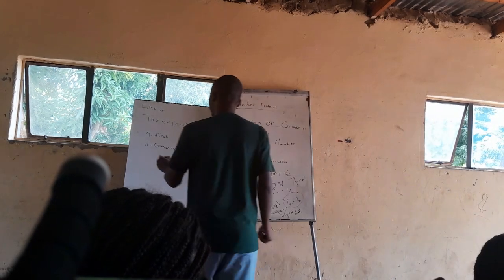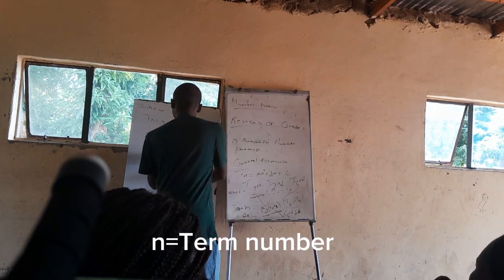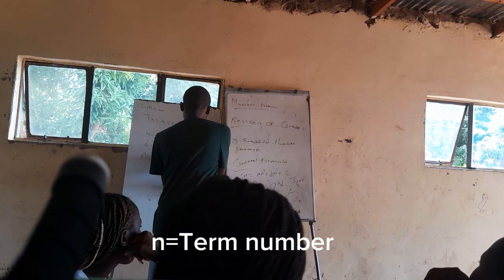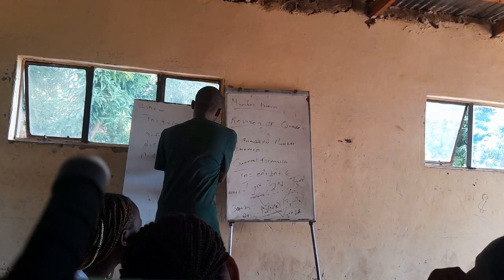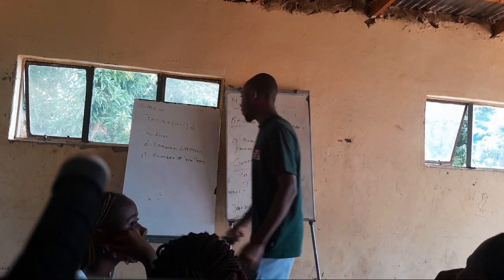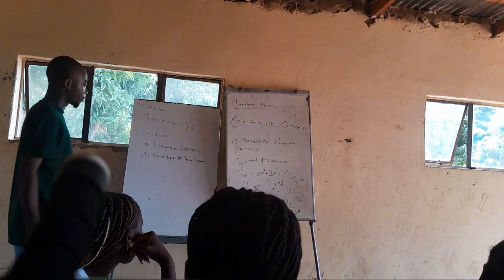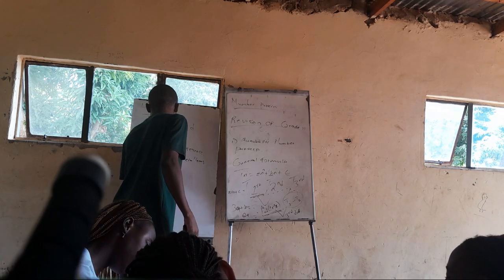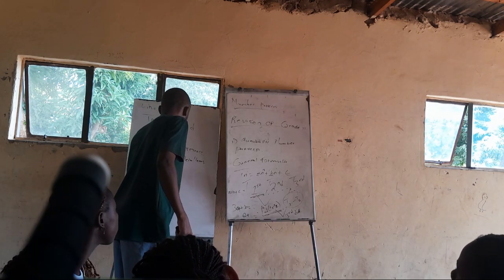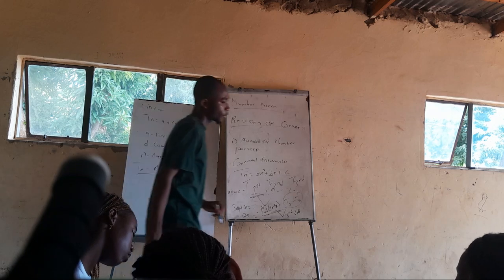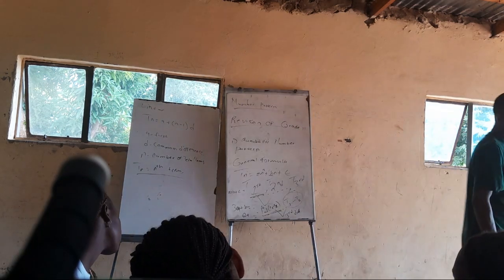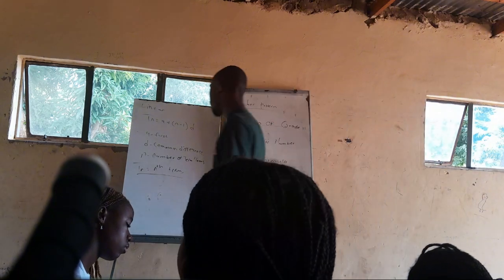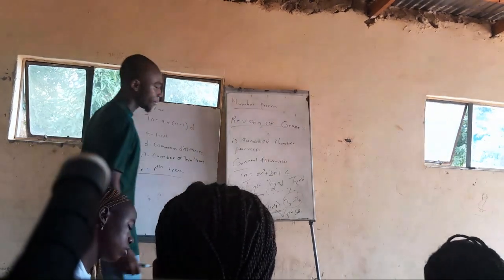And n represents number of terms, where Tn is the nth term. Those are the two number patterns which are found in Grade 11.